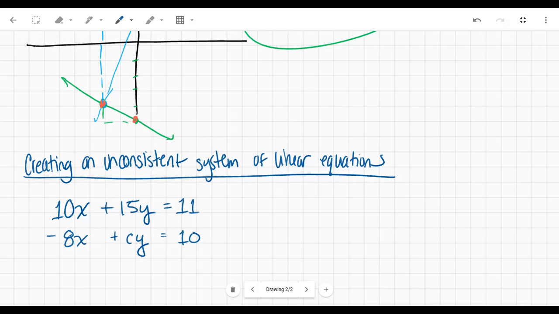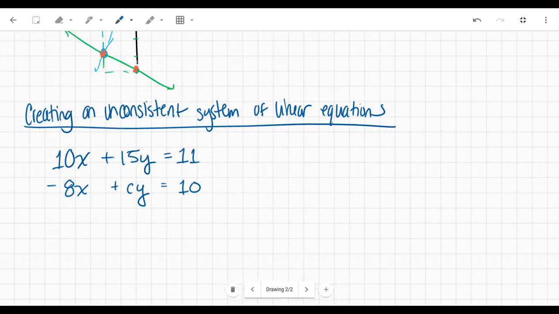Okay, so if you remember, when you do the elimination method, you multiply one of the equations by a constant so that things will cancel out. So what we want to do here is get everything to cancel out.